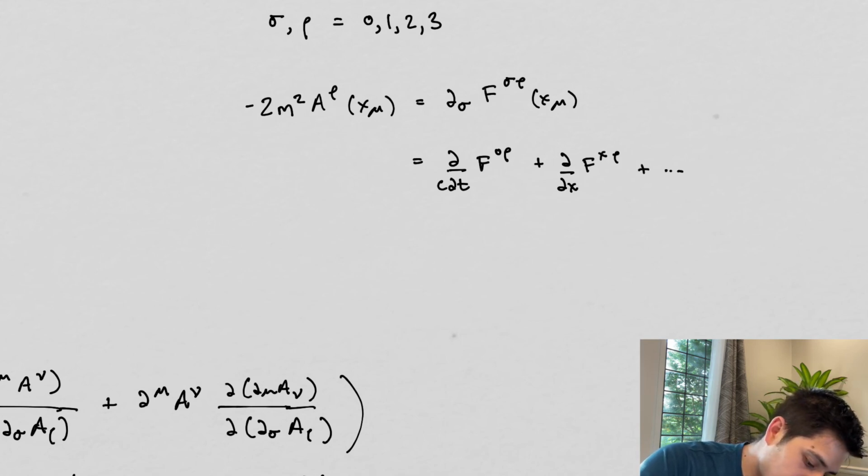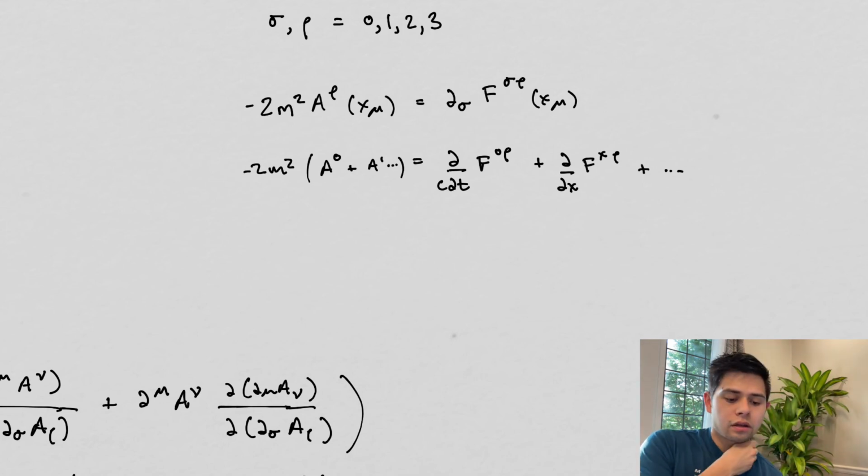And that all equals a 0 x. Again, I'm suppressing the x mu, plus a 1 dot dot dot times 2m squared. That's what it's like explicitly.